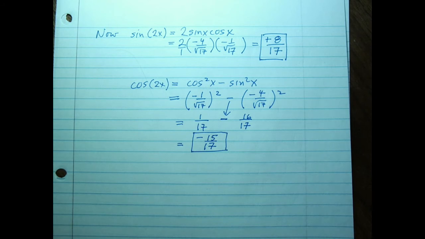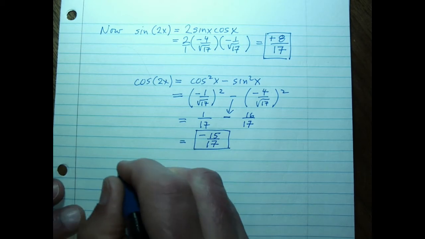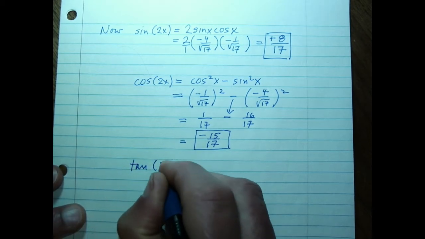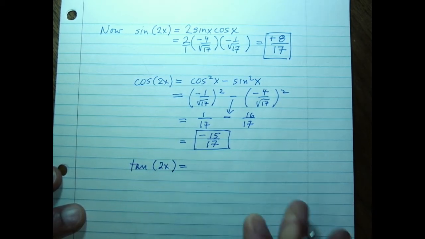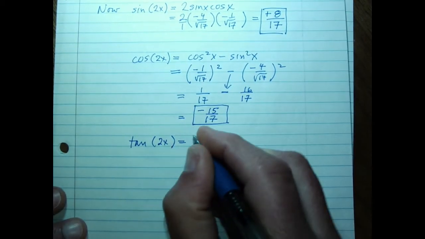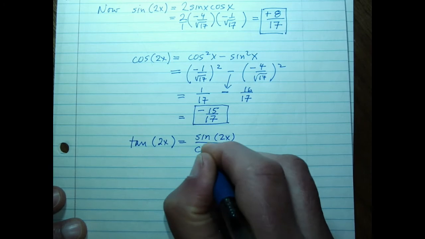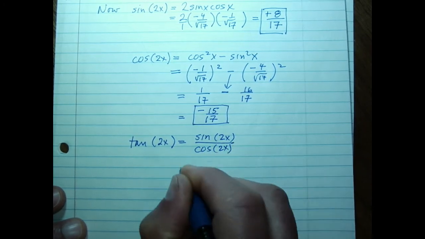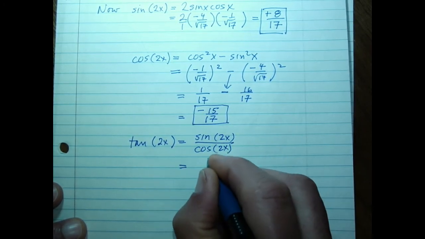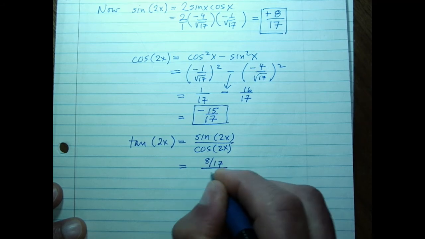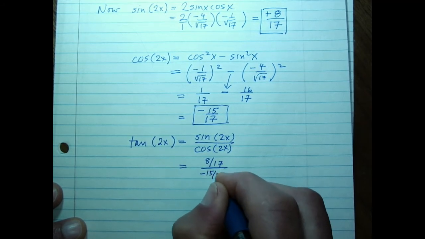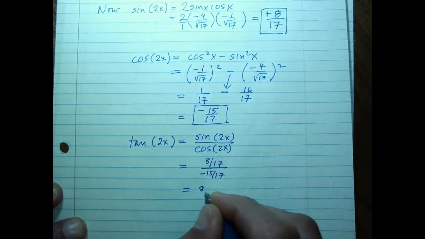And now we're almost done with the problem, but we also want tan of 2x. And I don't use a special identity for that. We're just going to rely on taking the sine and dividing by the cosine. So that's positive 8/17 divided by negative 15/17.